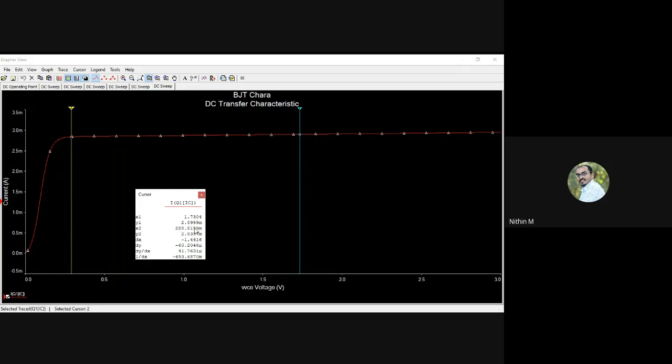There are two cursors, cursor 1 and cursor 2. I told you that when your VC voltage drops below a potential, say 0.3 or 0.2, the collector base junction becomes forward biased. That is why you are getting a reduction in the current.